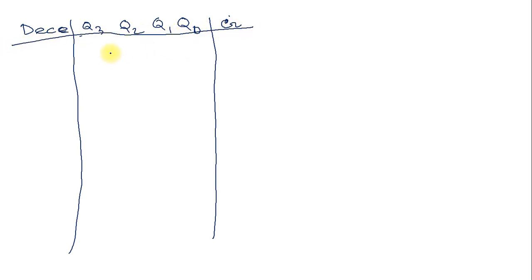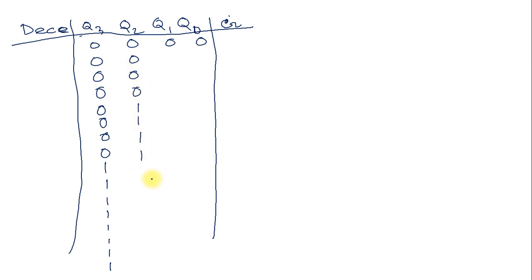Now I can write the combinations. The possible combinations are 0 0 0 0, 16 of them: 8 zeros and 8 ones, then 4 zeros and 4 ones, next 2 zeros and 2 ones, next 0 1 0 1.